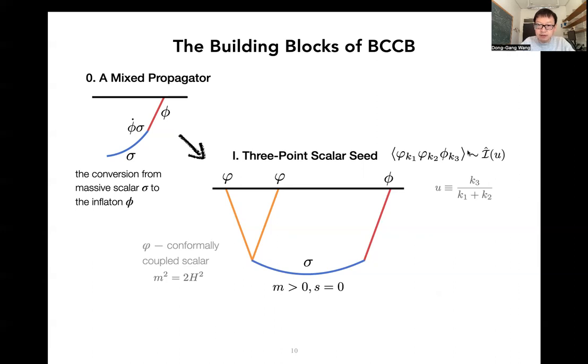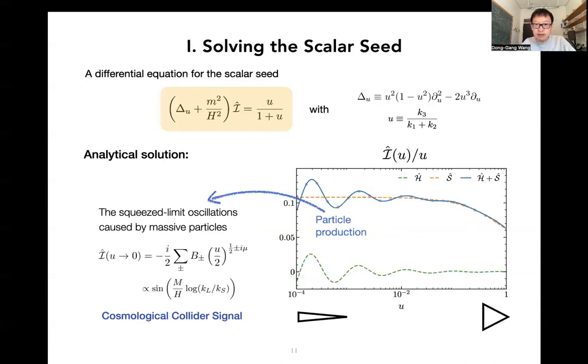And here we find this scalar seed can be written as a function of this Î, and it's a function of this momentum ratio u itself. So this momentum ratio is just k₃ over k₁ plus k₂, where k₃ is the momentum of this leg. And then we found this scalar seed satisfies a very simple differential equation with some non-trivial source term.